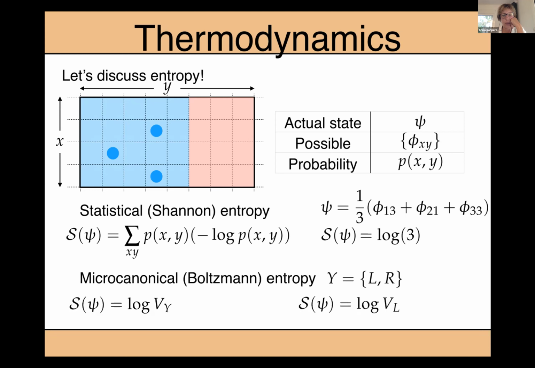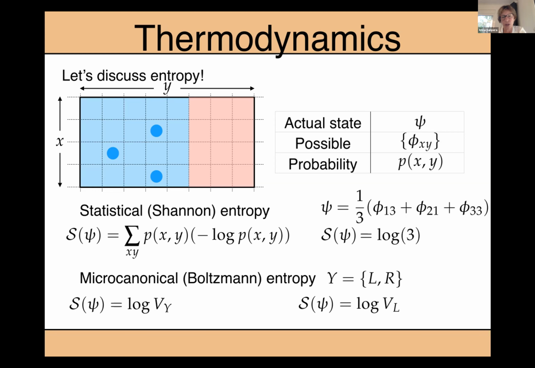In this way, when we look at the microcanonical entropy, we find that it is proportional to the log of the number of microstates which are possible in each of these divisions. So how many states can I have in the blue area, on the left, and how many states can I have in the right area.